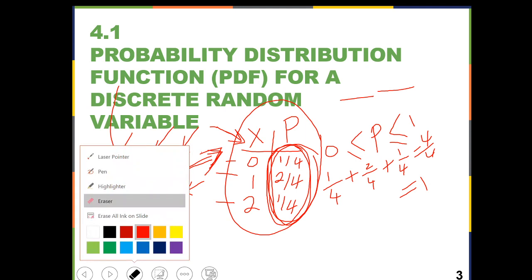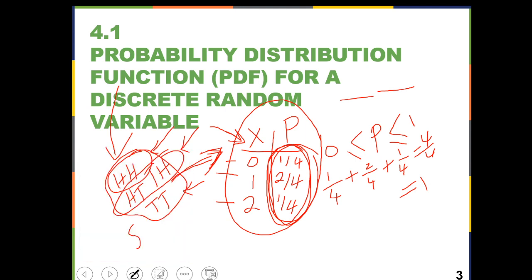If you do that, then the probabilities would not add up to 1. Now, what if we define it in a way that counts one of these twice? If something is counted twice or more, then the probabilities would add up to a number greater than 1. So we know it's not a probability distribution.